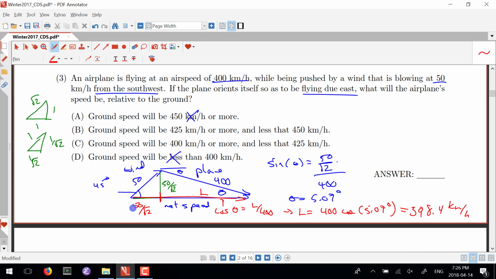And if we take those two numbers together, the 50 root 2 over root 2 plus the 398.4, we end up with a grand total of 433.8 kilometers per hour. And that puts us into the second category here. So the final answer would be B.